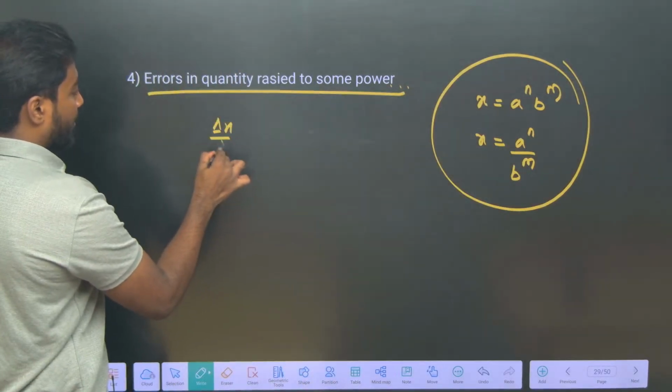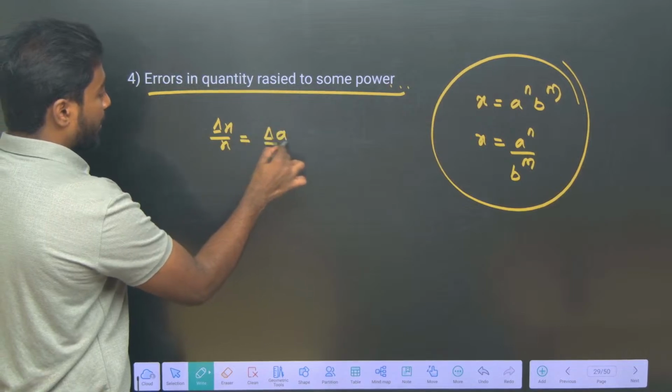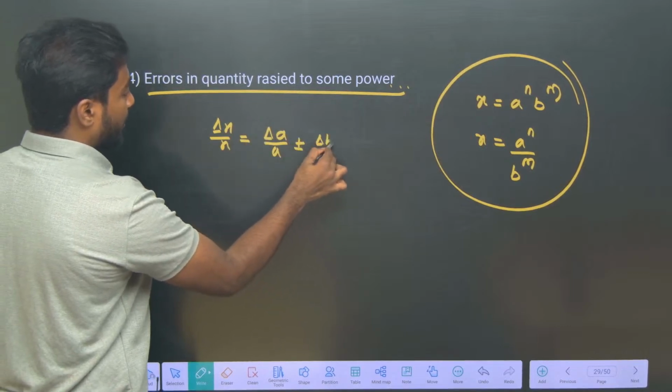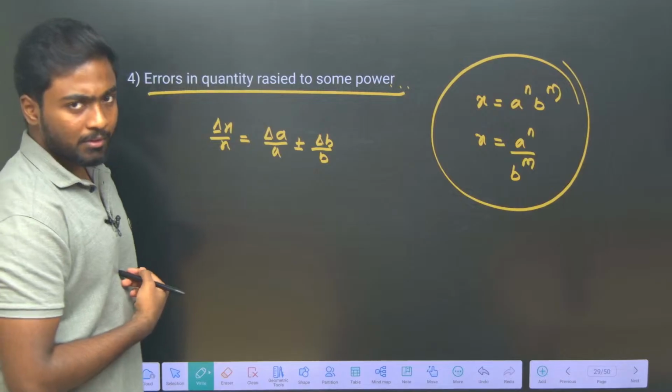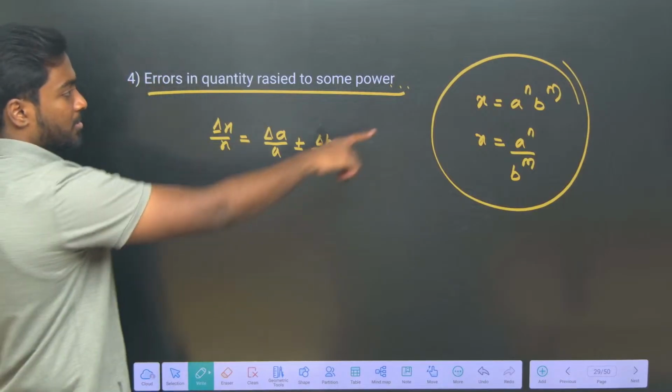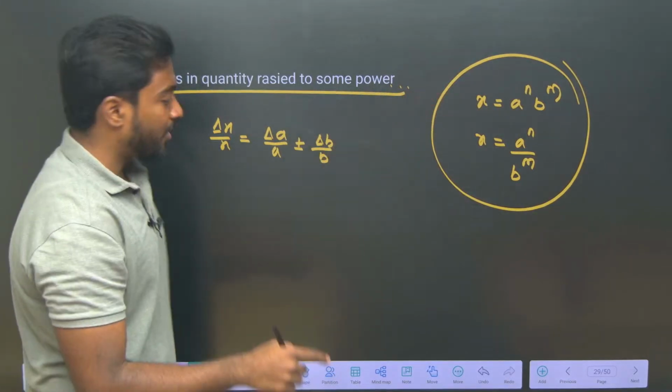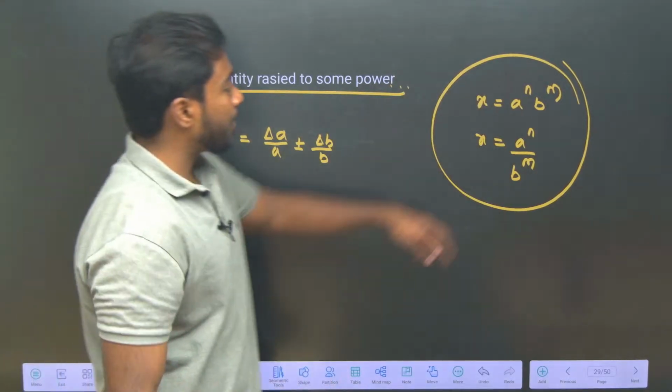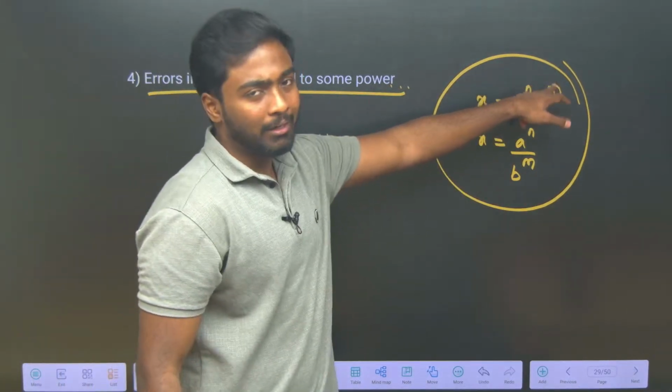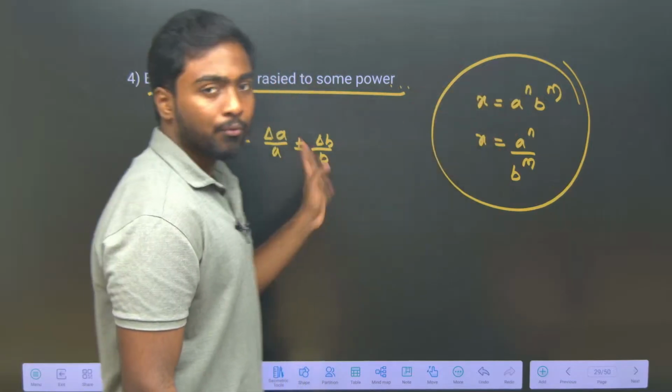Delta x by x will be equal to delta a by a plus or minus delta b by b, right. Suppose a power n b power m is given, what I should do here, whether it is plus or minus whatever it is, I should multiply the power in front of the values.